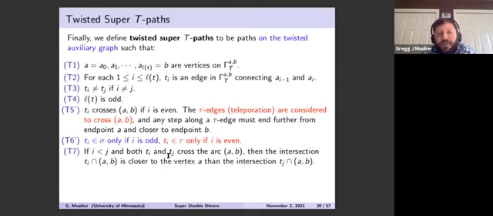And if you are familiar with our original paper where we talked about super t-paths, these definitions are quite similar, except we reverse the role of what's even indexed and what's odd indexed. And that's to make this match up nicer with the snake graph formulas that we'll have in a little bit.